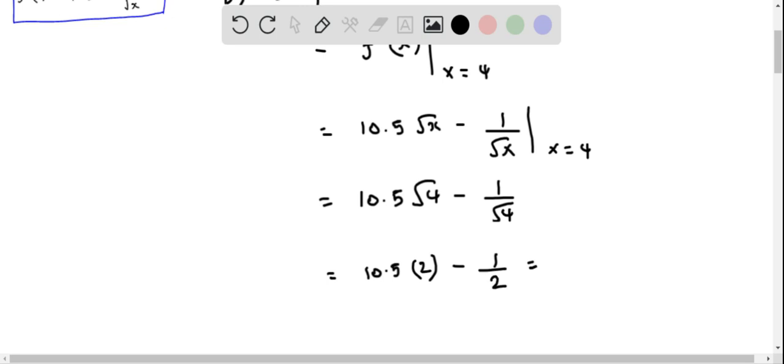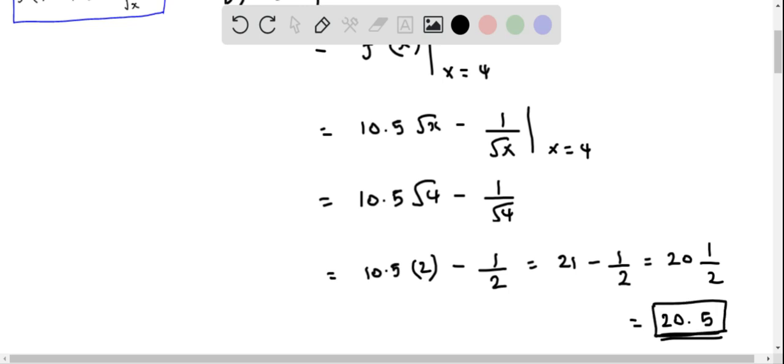So this equals 10.5 times 2 is 21 minus half. And so this equals 20 and a half, or in decimals we write this as 20.5. And so this is the slope at x equal to 4, 20 and a half, or 20.5.